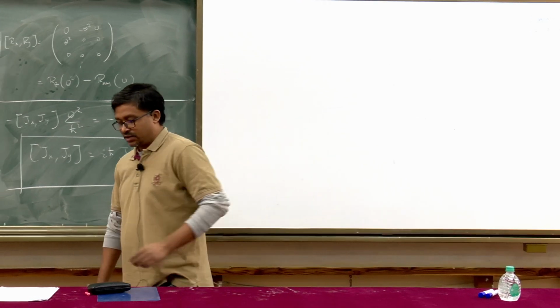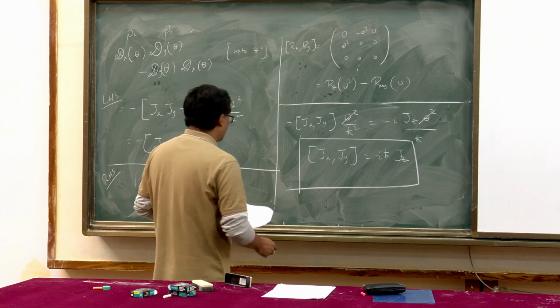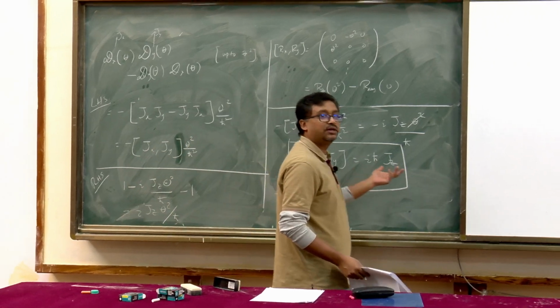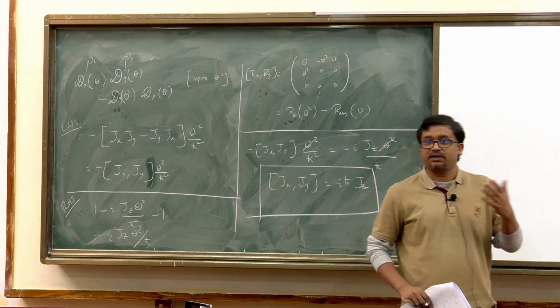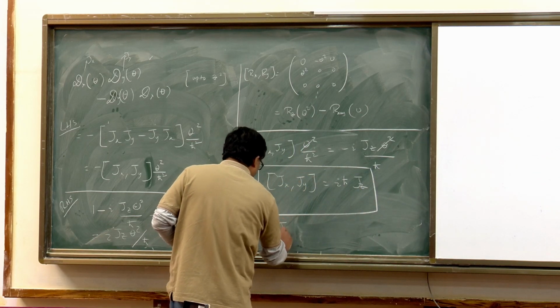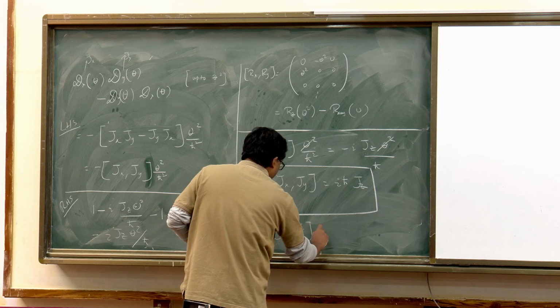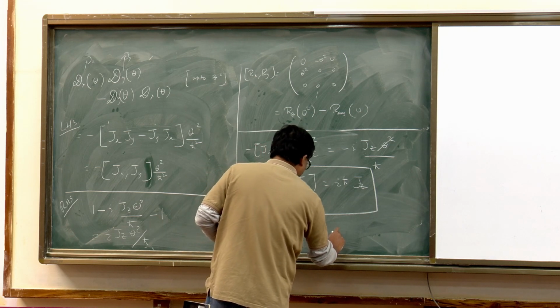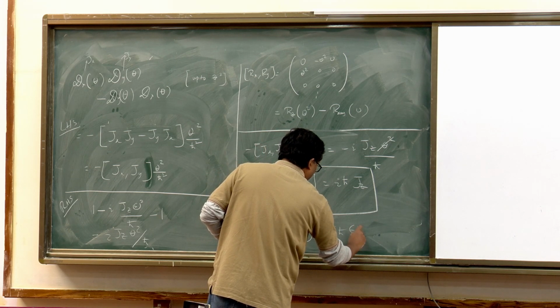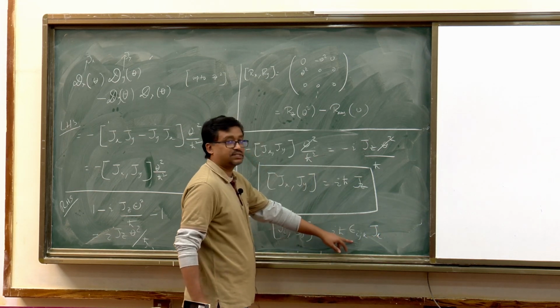Okay, so we'll move on. There is a slight complication. What happens when you exchange x, y and z operators? We can write a more general form: the commutator of Ji and Jj is i h bar epsilon ijk Jk, that takes care of the sign.